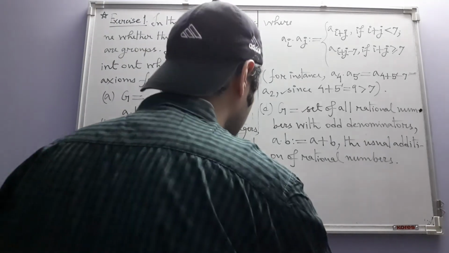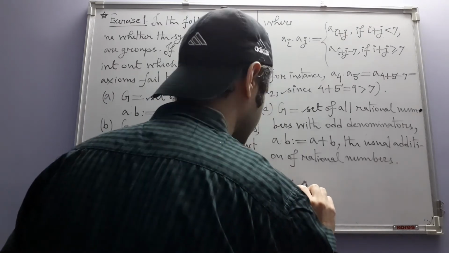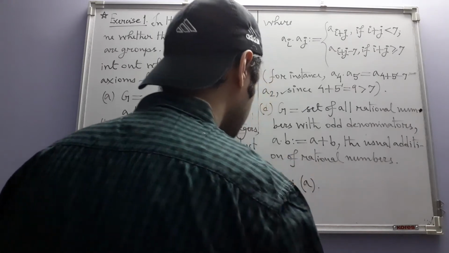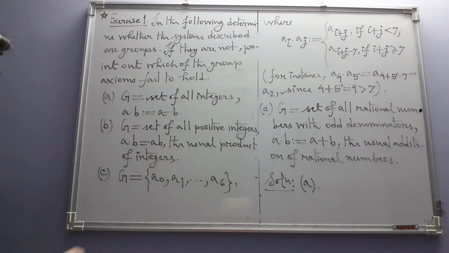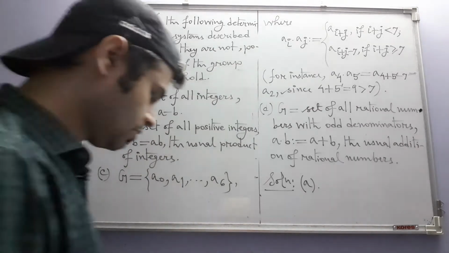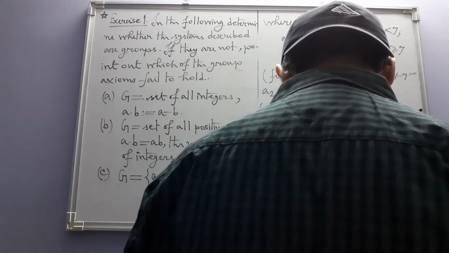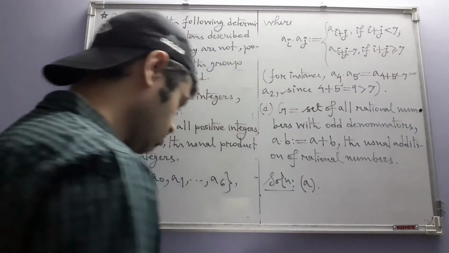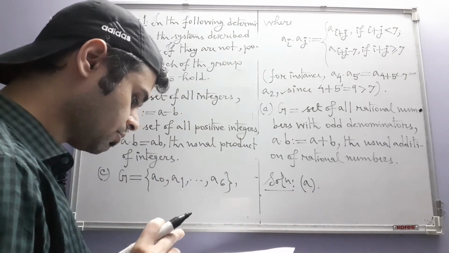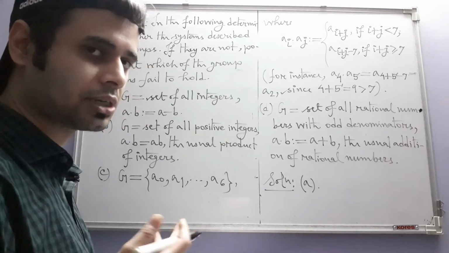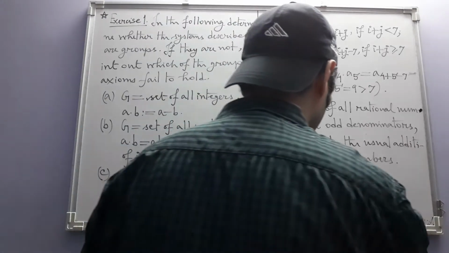Okay, so we start off the solution with part A. So here we have the set of all integers and the operation is subtraction, and what I was trying to say is that I am going to draw some references from Terence Tao as usual. That however will not appear in part A.